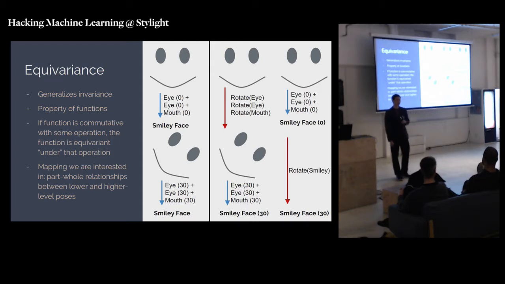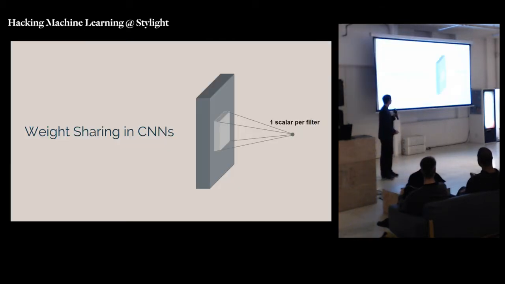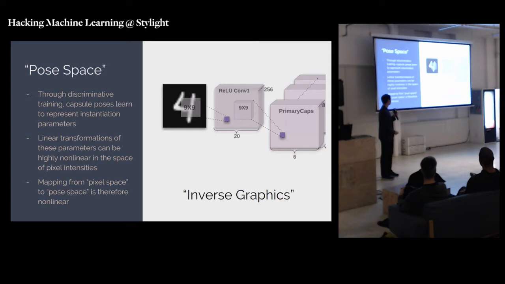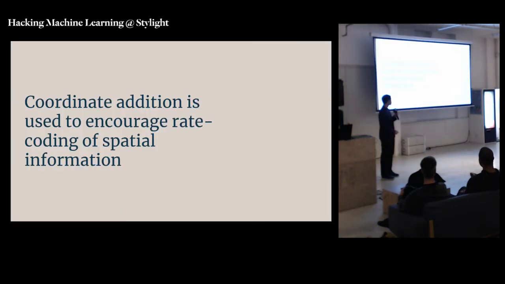Right. But if translation and rotation are not commutative, then it means that you could have one eye here, one eye there, and the mouth somewhere else, still aligned by the angle and still aligned translationally, but not having a face. Right.